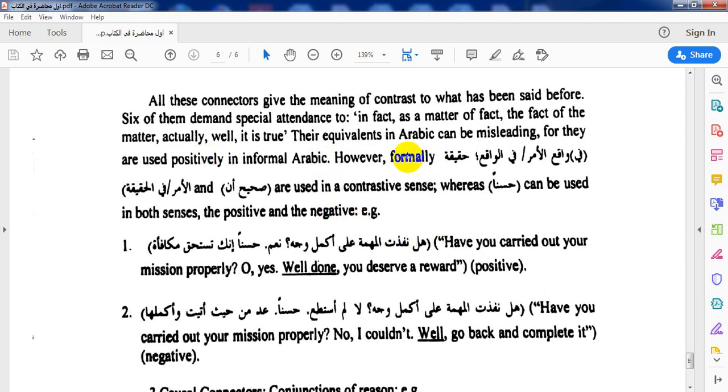They are used positively, which means that I agree with this idea. However, formally, this is informal. Formally, في واقع الأمر، في الواقع، حقيقة الأمر أو في الحقيقة and صحيح أن are used in a contrastive sense.